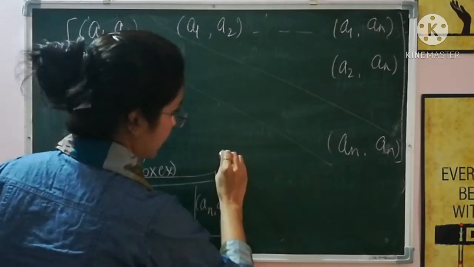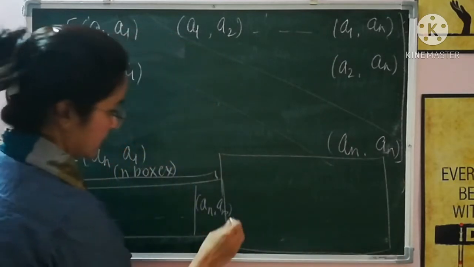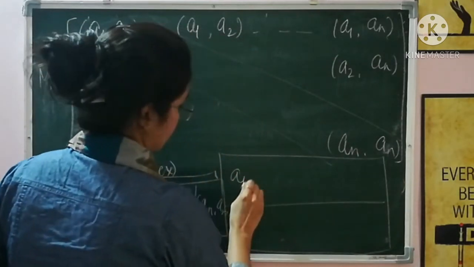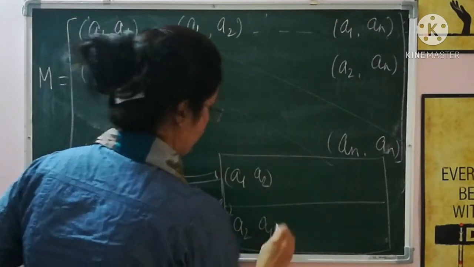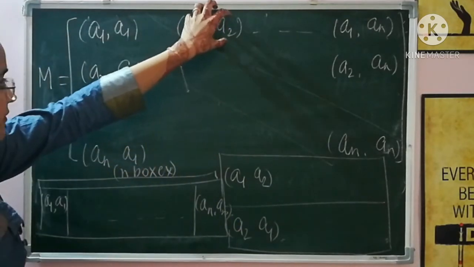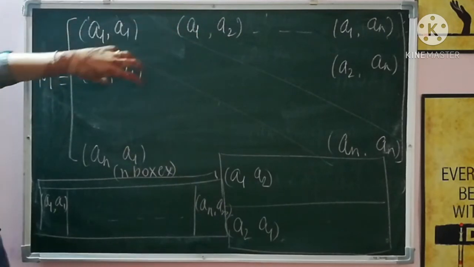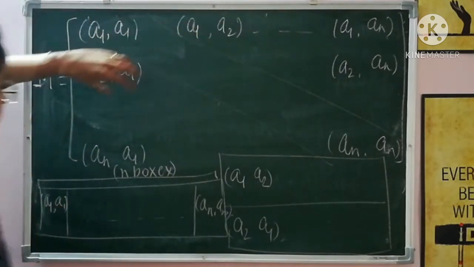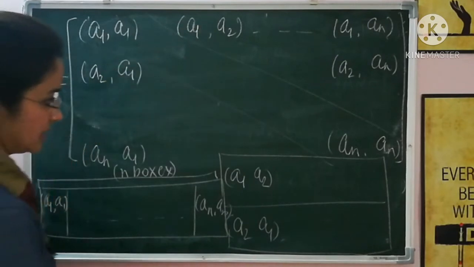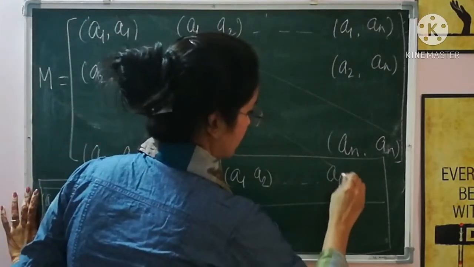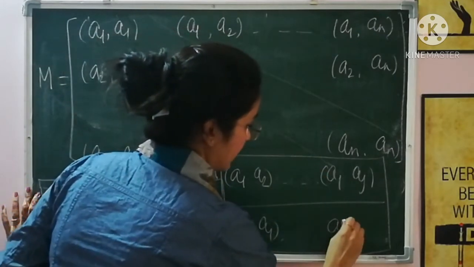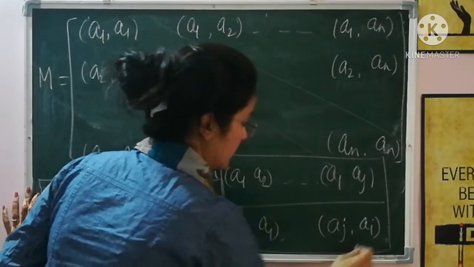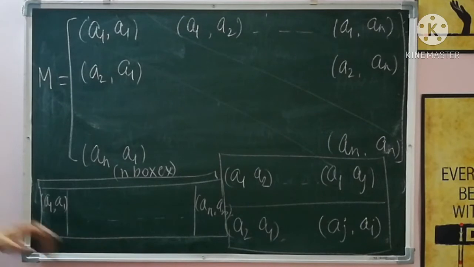Then the rest of the elements I am putting as, suppose, A1 A2, A2 A1. So I am picking up one element here, then the corresponding element, and like this. I am extracting Aij and putting it here, and then Aj comma Ai I am putting just below this element.